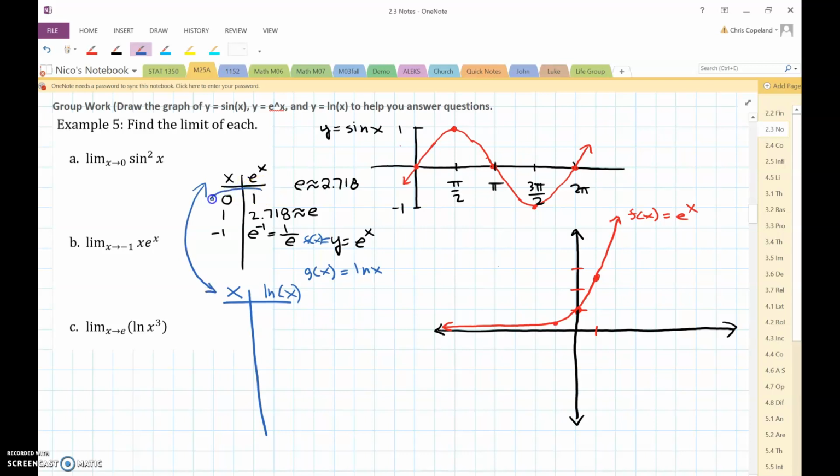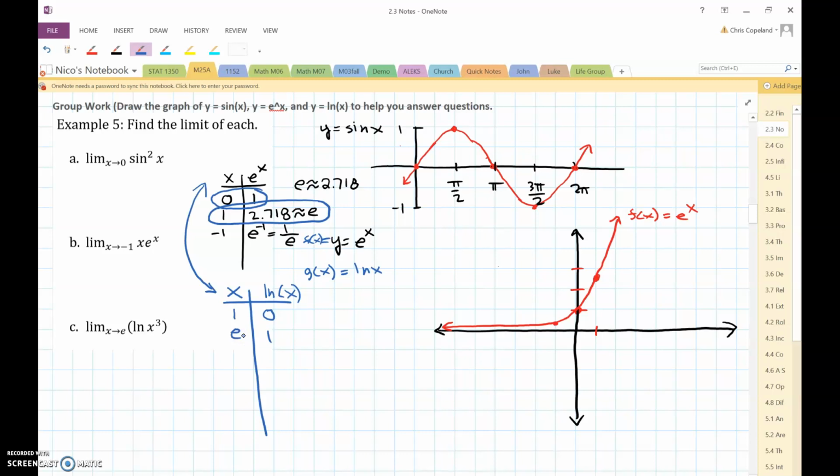So if we look at this ordered pair, the domain of this function will be the range of this function, and the range of this function will be the domain of this function. So we know we have a point at 1, 0.